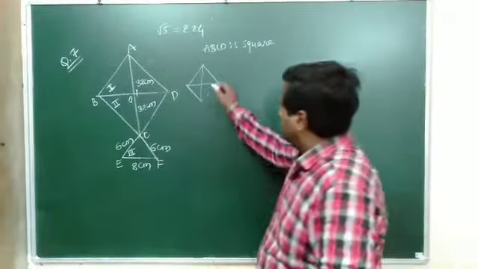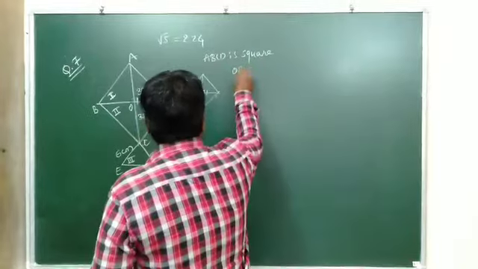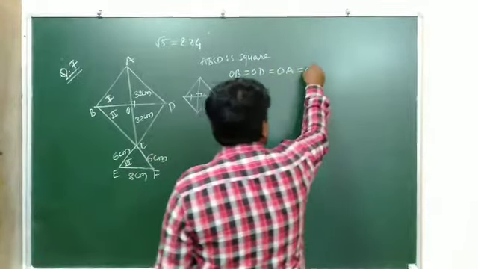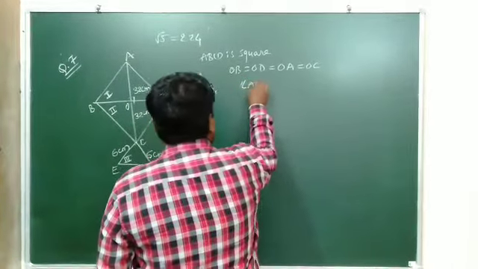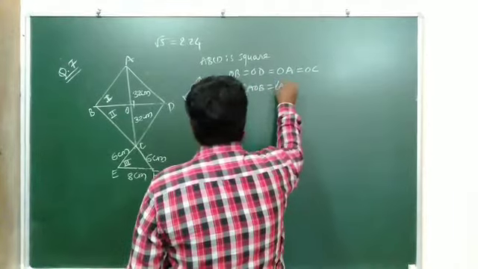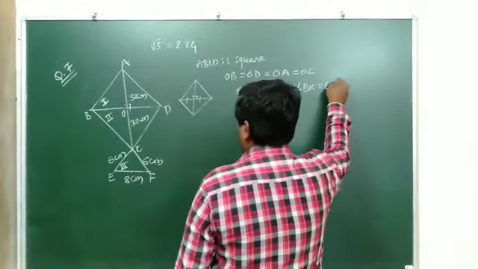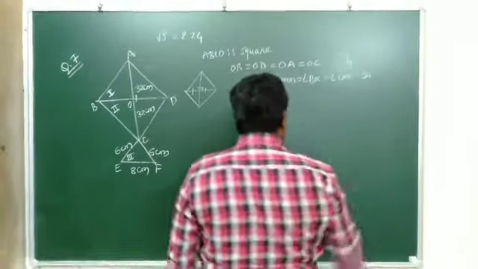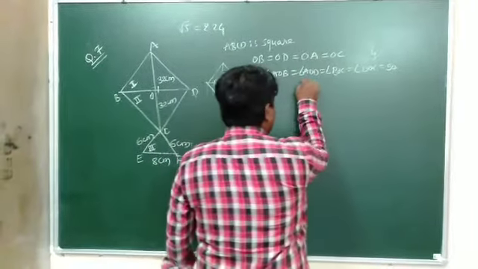That means OB equals OD and OA equals OC, and angle AOB, angle AOD, angle BOC, angle DOC equal 90 degrees. For this there is a property, the diagonals.